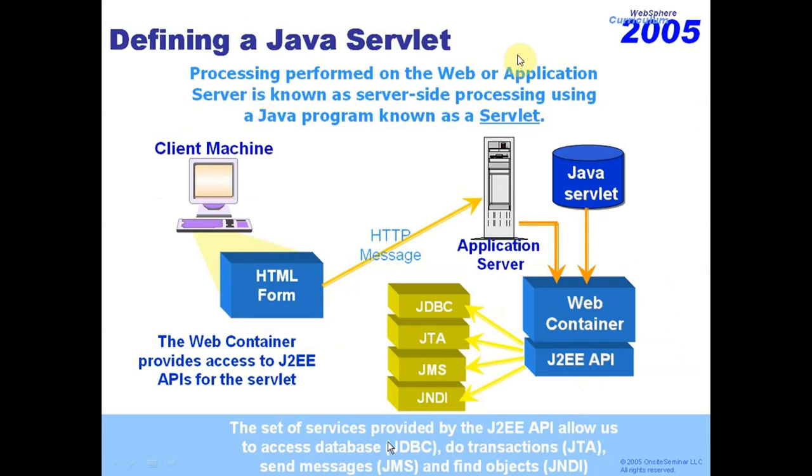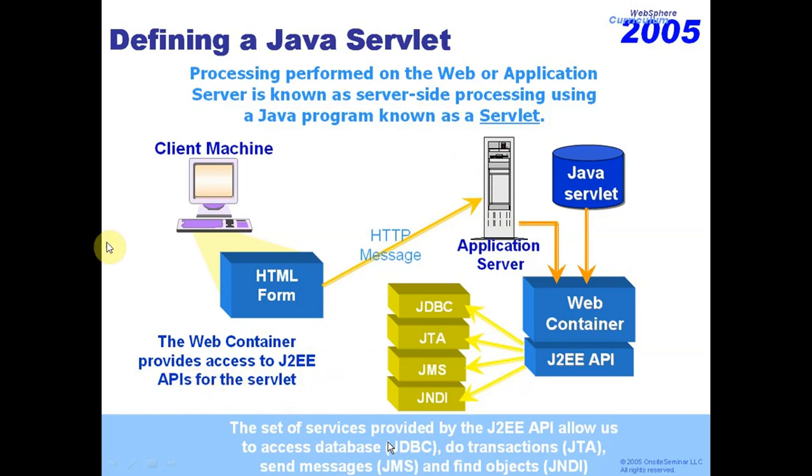So now see the Java servlet view. This is the GUI view of this Java servlet. So on the client machine, we have an HTML form, HTML program, or JavaScript code, or VB script code along with the HTML program. So when we request to the server, this is the application server. When we send the HTTP message to the server, this web container provides access to J2EE API and servlet.